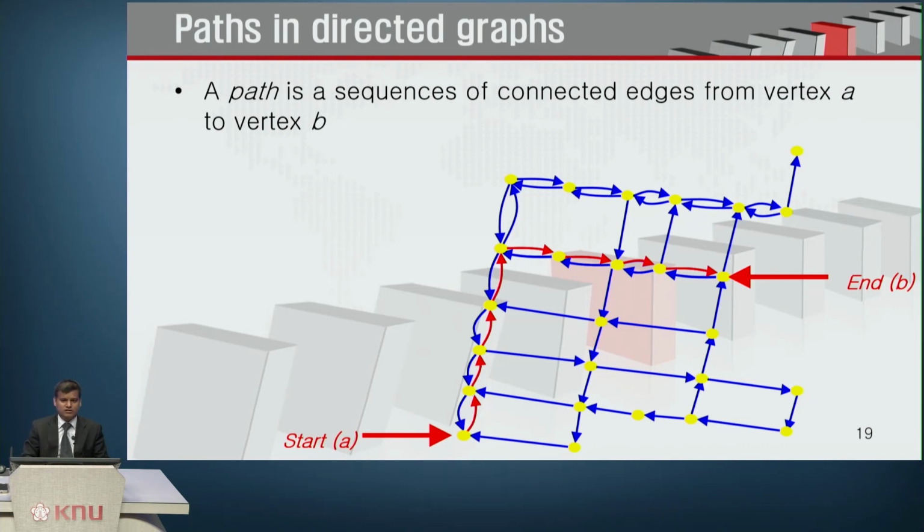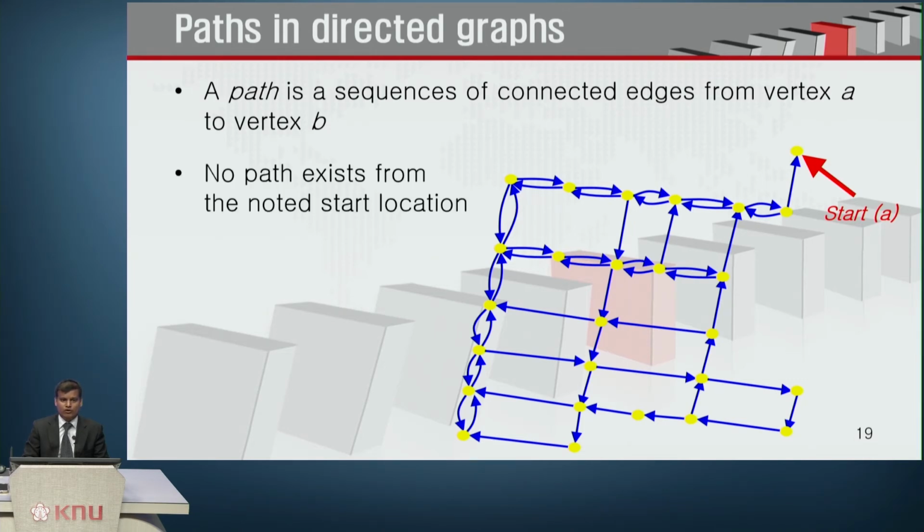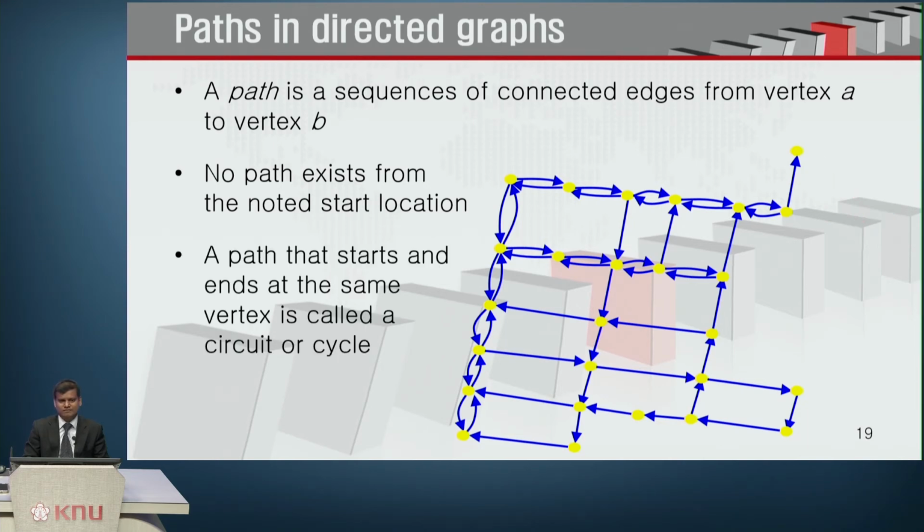In this example, you can see we have different ways to reach the end. If the start is at the top, no path exists back to the starting location because you cannot come back. There are no arrows coming back to any other place.